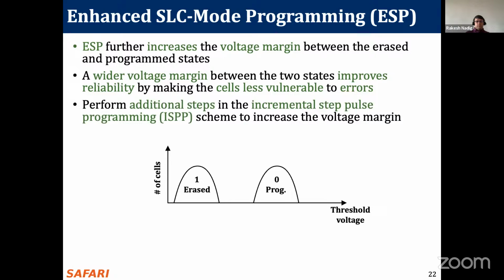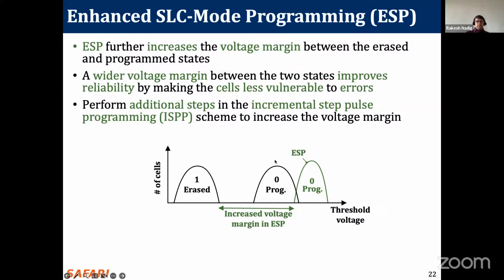And this is done by performing additional steps in the incremental step pulse programming, or the ISPP process, which is used during the program operation. And this increases the voltage margin and makes the programmed state narrower, the distribution of cells in the programmed state. So this wider voltage margin can negate any disturbance that can cause errors, and we can perform a read operation without error bits.